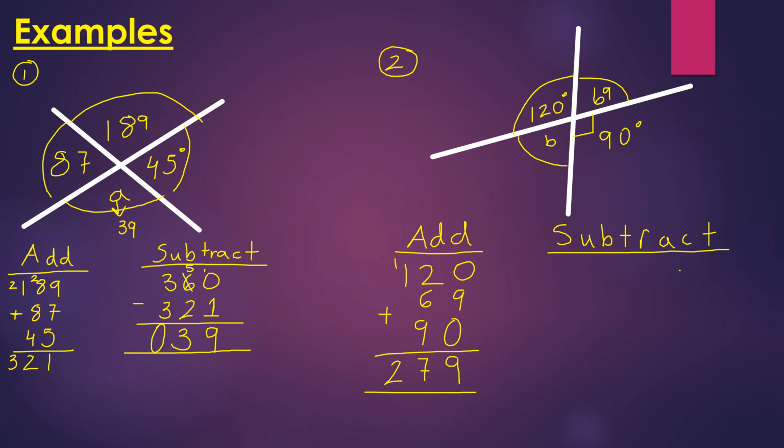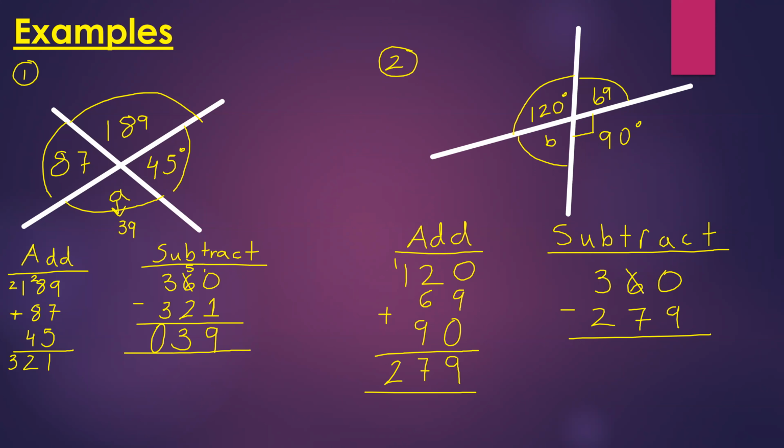All right, so we're going to subtract what? 360 take away 279. That's 81. You got 81? I got 81 as well. Yes, sir. Okay. So we have, let's move the 6.